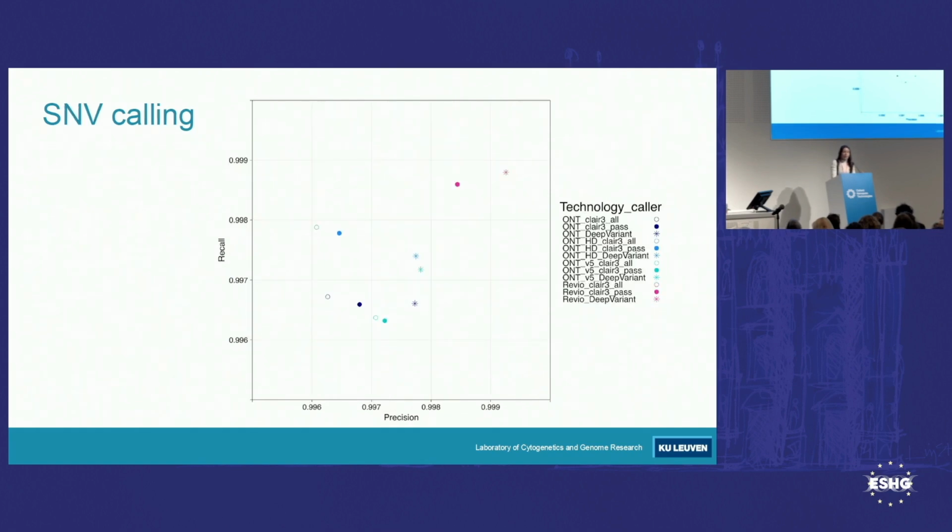If we look at the single nucleotide variant calling, again the same graph, this time with 2 different variant callers, then you can see that you start clustering by technology instead of clustering by tool. But still, if you look at the scale here, we start at 0.995, meaning that we already have a very, very high precision and very high recall as well.